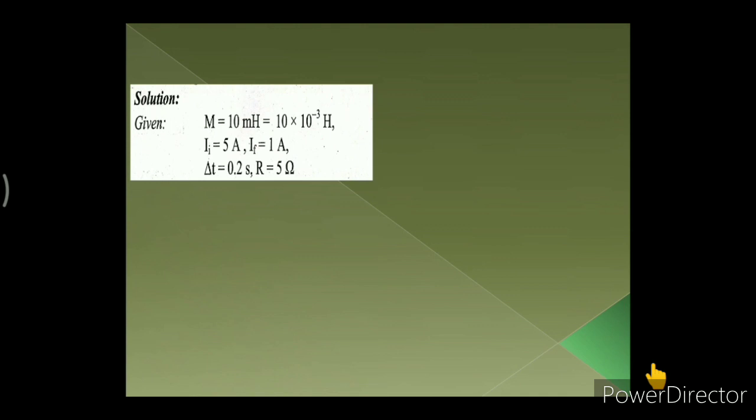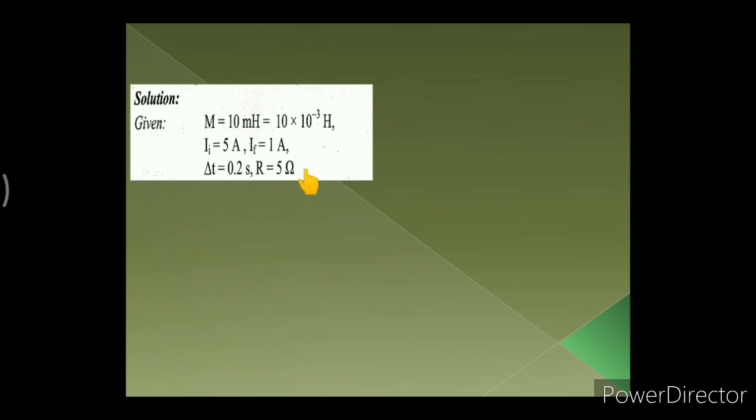Let's see the solution. As mutual inductance is given as 10 millihenry, we convert it into Henry by multiplying by 10 raised to minus 3. So the mutual inductance becomes 10 into 10 raised to minus 3 Henry. The current changes from 5 to 1 ampere, so initial current is 5 ampere and final current is 1 ampere in time interval 0.2 second.